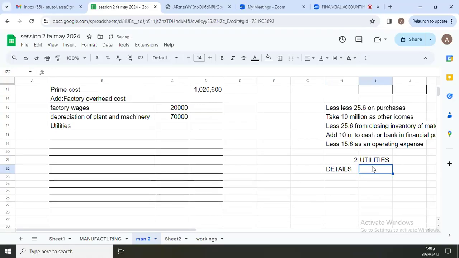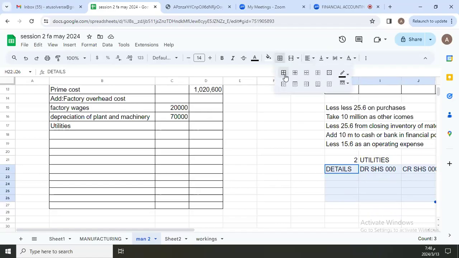I put here debit in shillings, thousands, also credit in shillings, thousands.